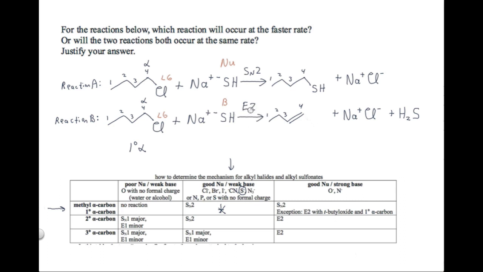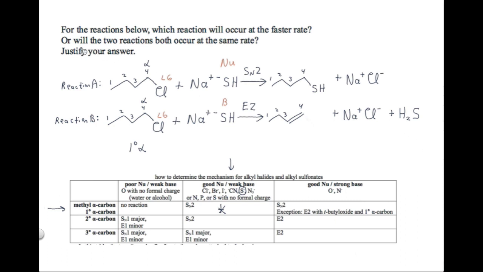That's probably better than considering that reaction B was an E1 reaction. We have a primary alpha carbon here, and just like SN1 reactions don't work for a primary alpha carbon, E1 reactions don't work for a primary alpha carbon either. So I suppose we should consider this to be an E2, a very slow E2.